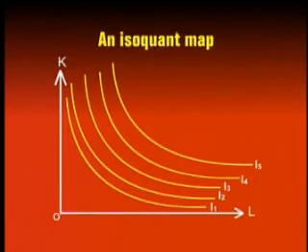I4 in turn represents a higher level of output than I3, and so on. So just to recap, an isoquant captures all the different combinations of capital and labor which can be used to produce the same, the iso level of the quantity of a particular good.